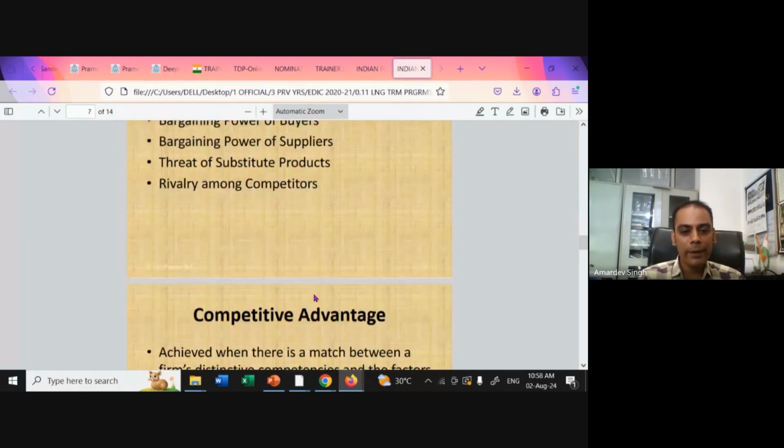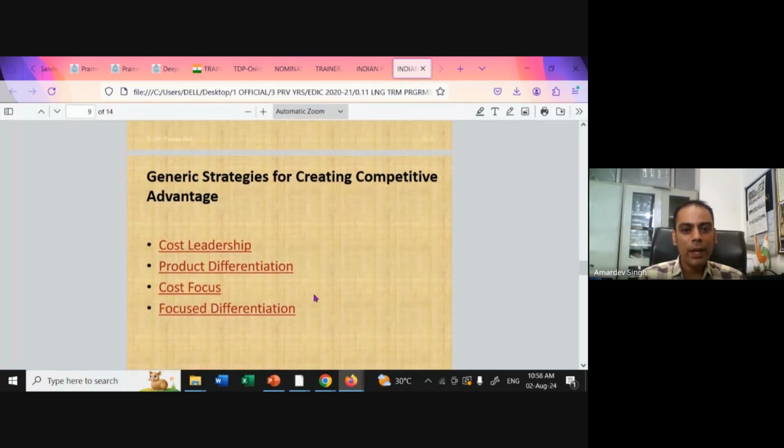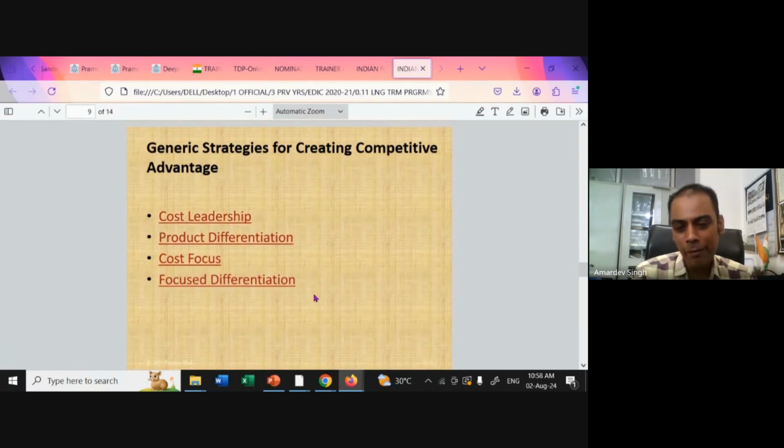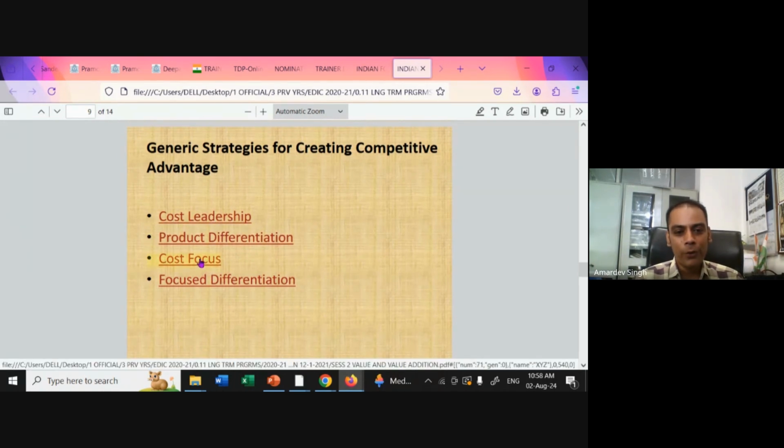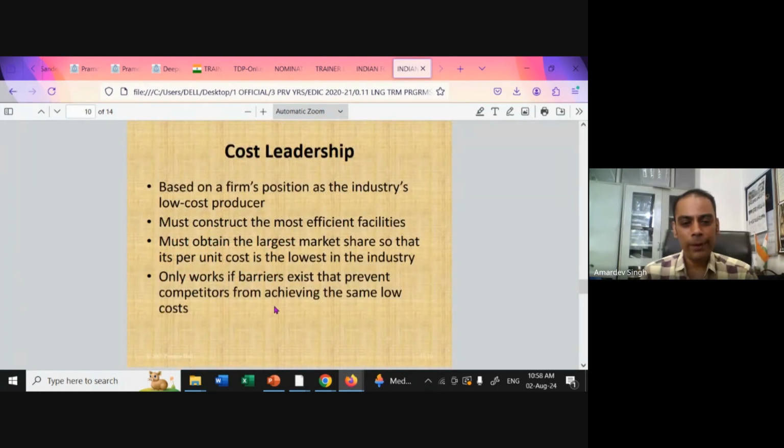So now coming back to the strategies of building competitive advantage based on cost, it can be cost leadership or it can be cost focus, and based on differentiation, it can be product differentiation or focus differentiation. When we refer to cost leadership, it means based on the firm's position as the industry's low cost producer, कि आप इंडस्ट्री में सबसे कम प्राइस पे एक प्रोडक्ट बना पा रहे हो कॉस्ट पे. ये कैसे होगा?